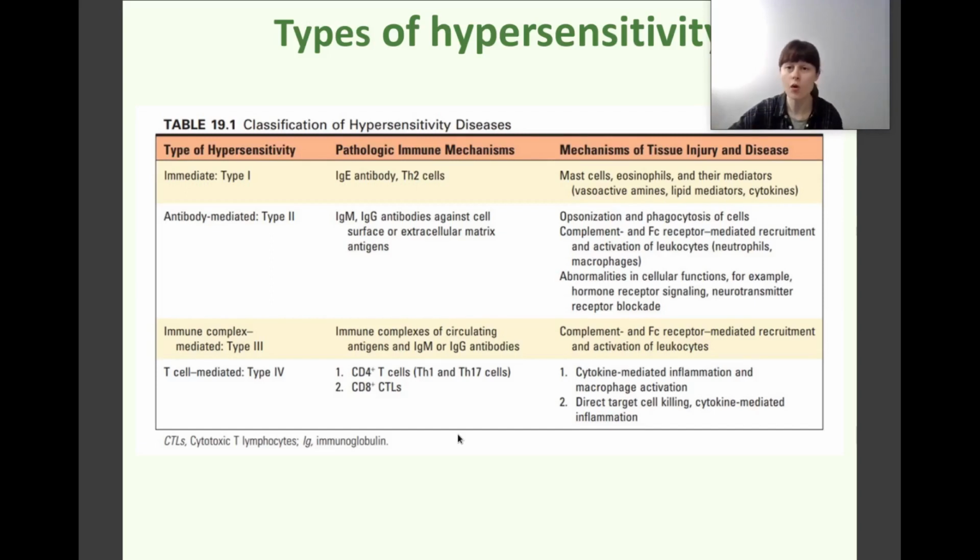This is all our information about different disorders that can occur in our specific immune system. In the case of autoimmune disease, it is a break of tolerance. In the case of hypersensitivity, this is an inadequate immune response.